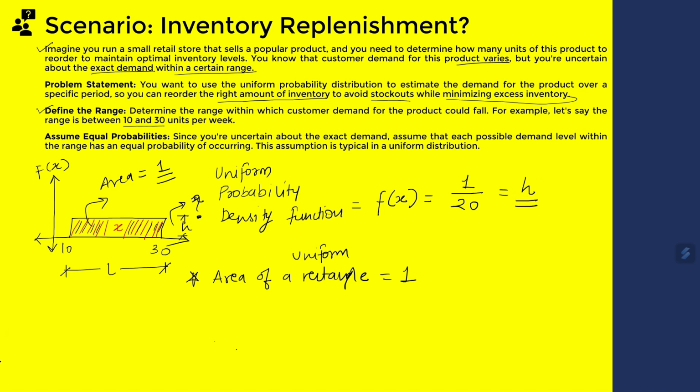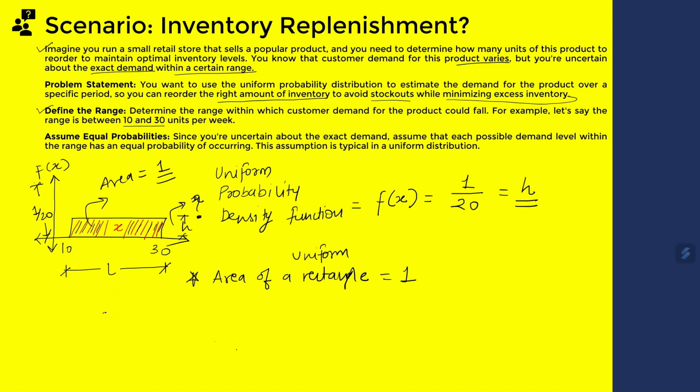So we know that we have a length, a specific range, and we have derived the height as 1 upon 20, which is our uniform probability density function. In some cases, if I want to know what is the probability that I will have less than 20 units per week.